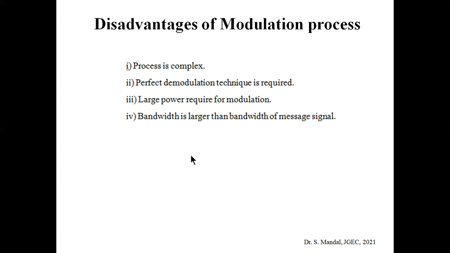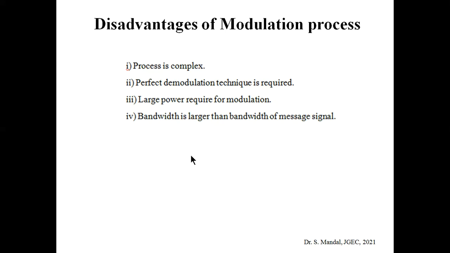Okay, now the third point, large power required for modulation. As we are using a separate high frequency signal for modulation, we need separate power for the carrier signal. So the power requirement is increased in case of modulation.